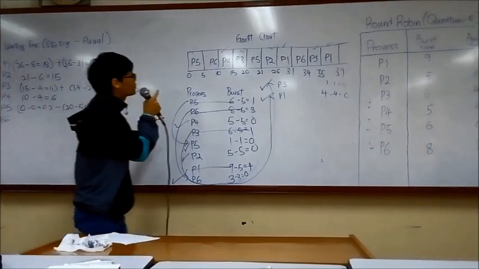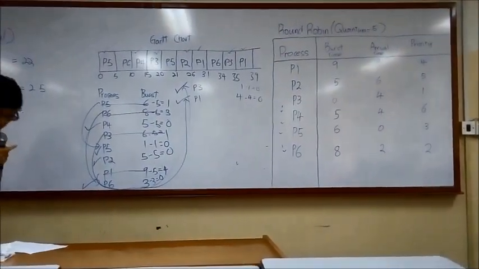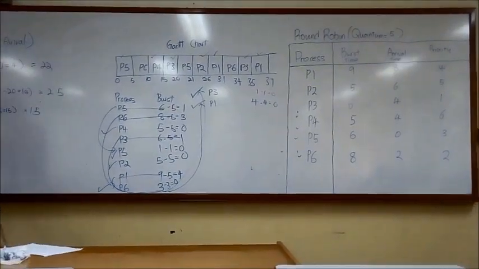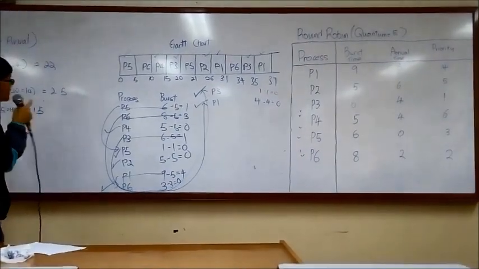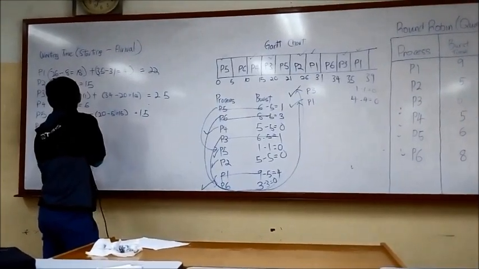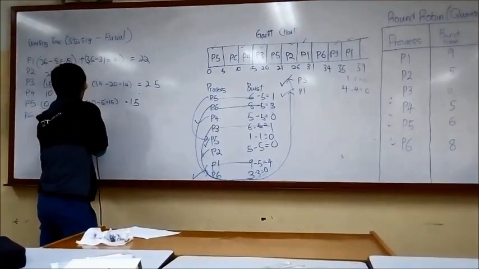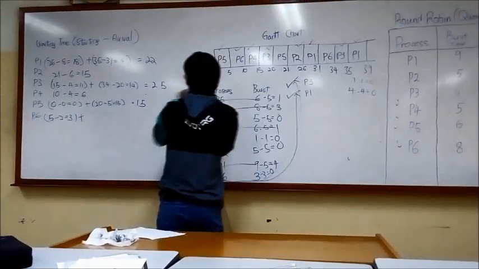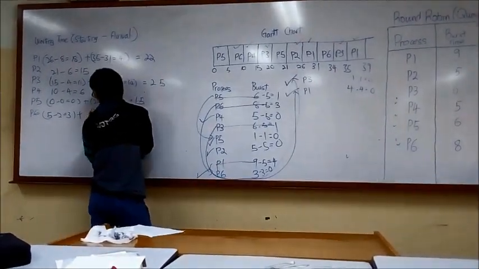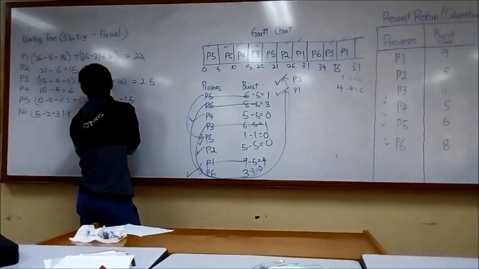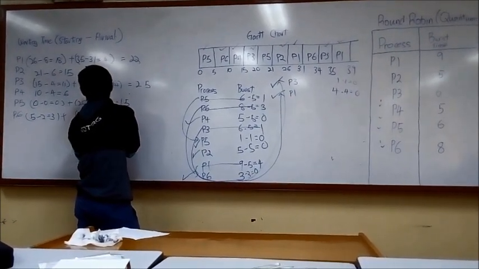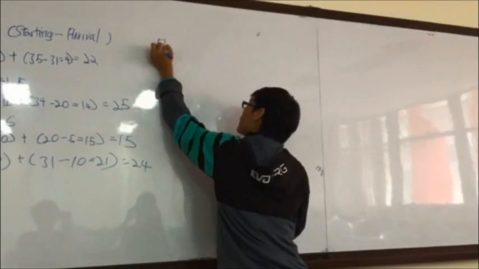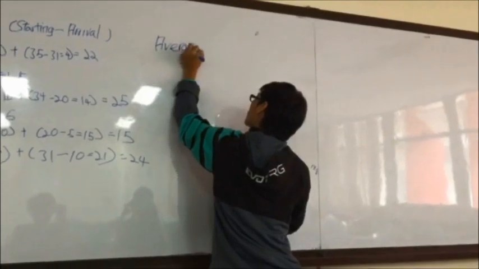And then we proceed to the last process, which is P6. The starting time is 2 minus the arrival time, which is 2, equal to 3, plus the last P6 part, 31 minus 10, equal to 21, and 3 plus 21 equals 24. Now we proceed to the average waiting time.